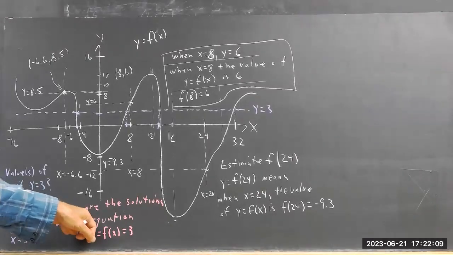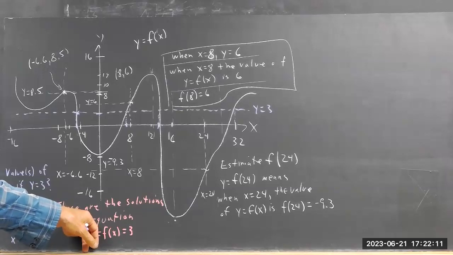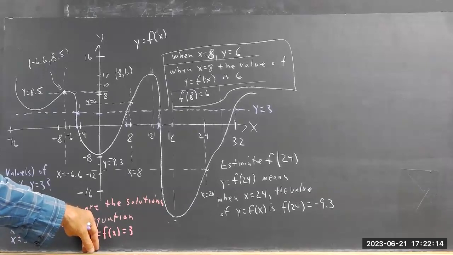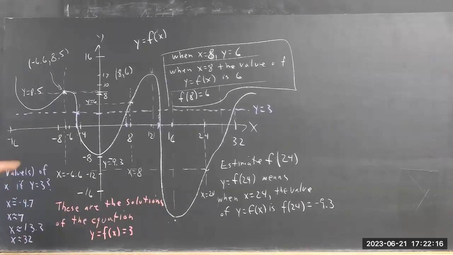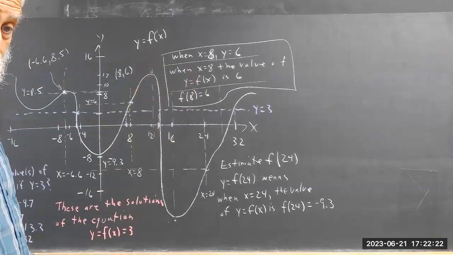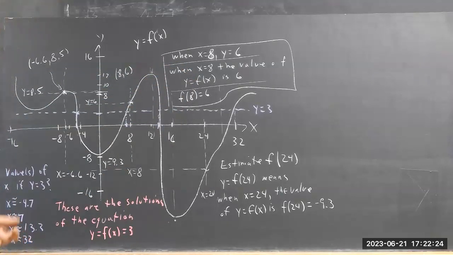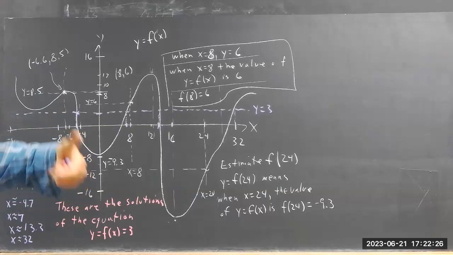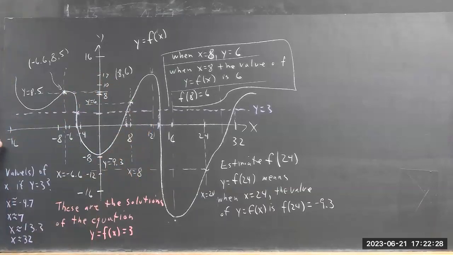We could just abbreviate that. If you understand that y equals f of x, we could just say the equation f of x equals 3. So what we've seen so far is how to find f for a given x and how to solve an equation f of x equals some other number.